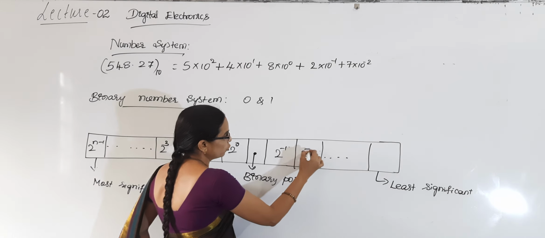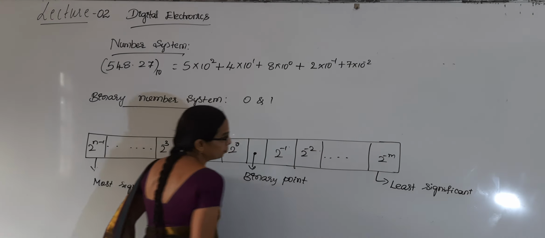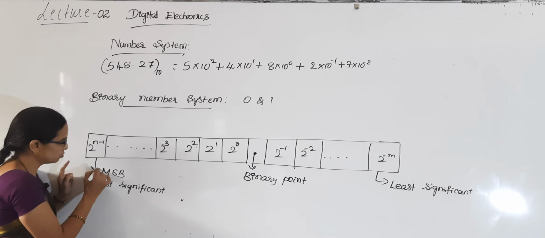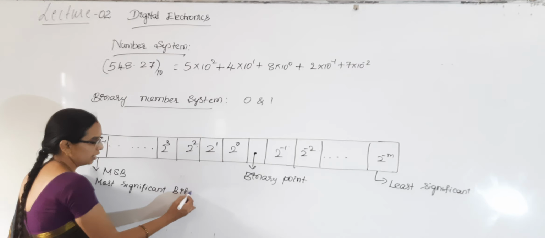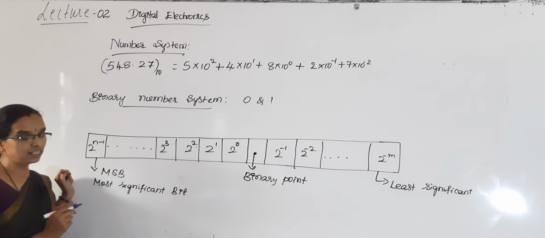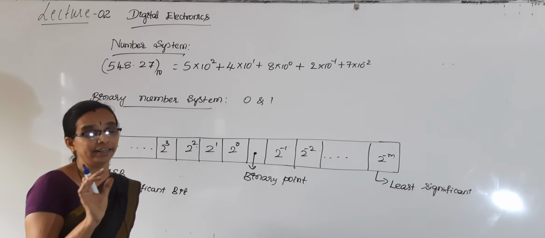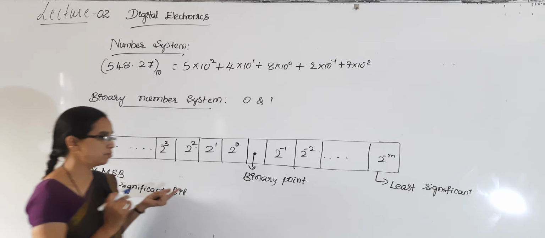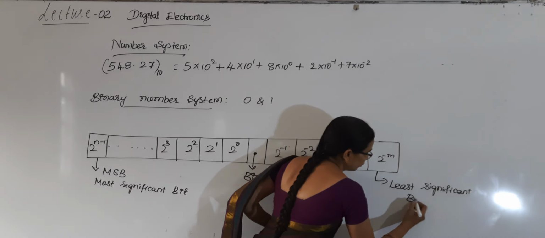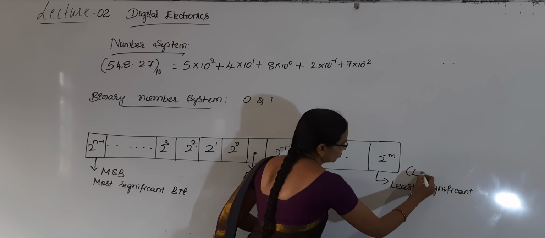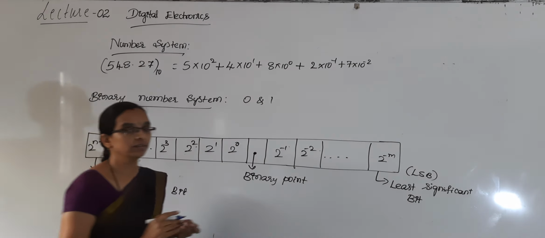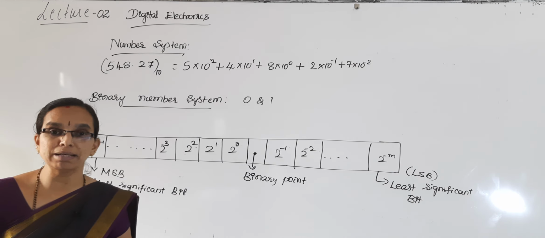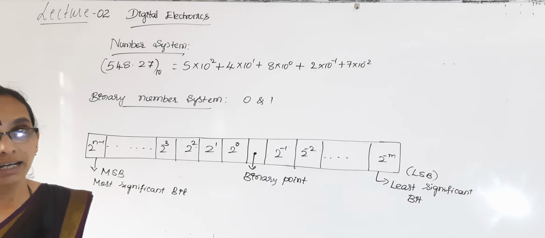Then 2 power minus 1, 2 power minus 2, 2 power minus m I will take, and the MSB is called most significant bit. In decimal number system, we call each symbol in the number a digit. Here we will call it a bit. Most significant bit is MSB and least significant bit is LSB. That means the rightmost bit, which has the lowest place value, is LSB, and the leftmost bit, which has the highest place value, is called MSB.